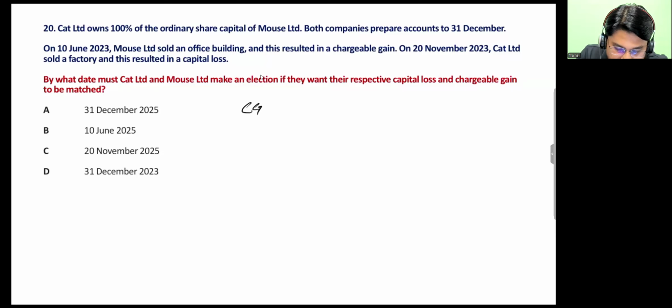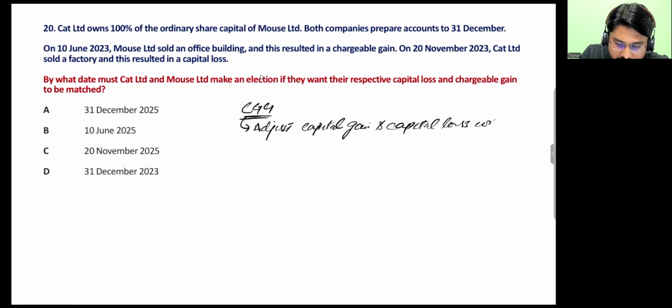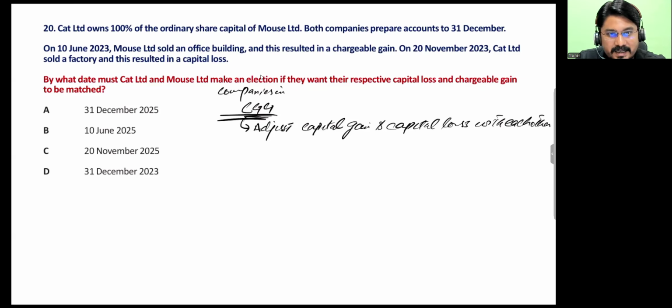The companies which are there in a capital gain group can adjust capital gain and capital loss with each other, but this decision is to be made in a specified time.